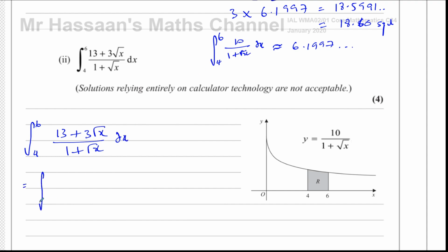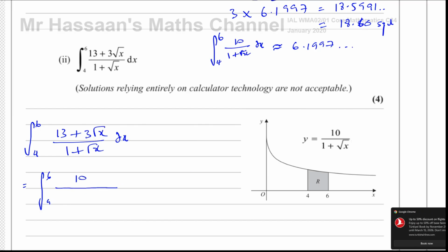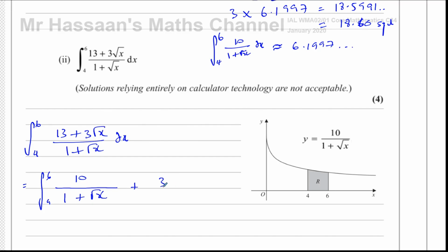I'm going to write 10 over 1 plus root x, and add to this 3 plus 3 root x over 1 plus root x, because this will be 13 plus 3 root x, which is the same. These two lines are the same. This is with respect to x.